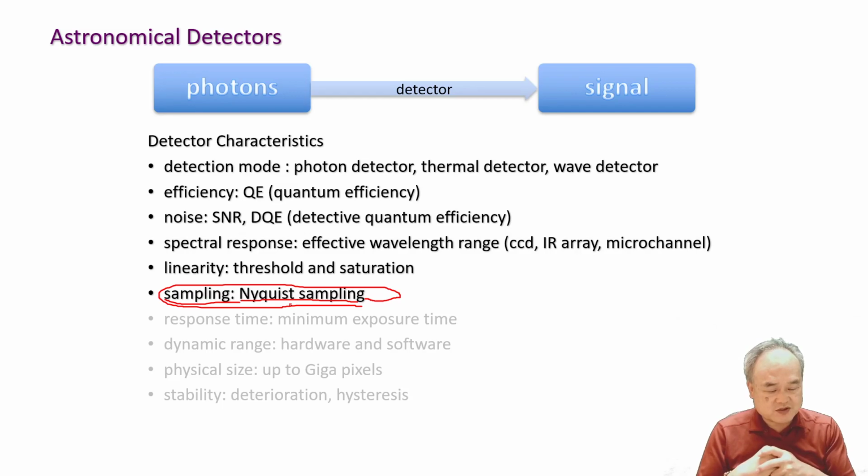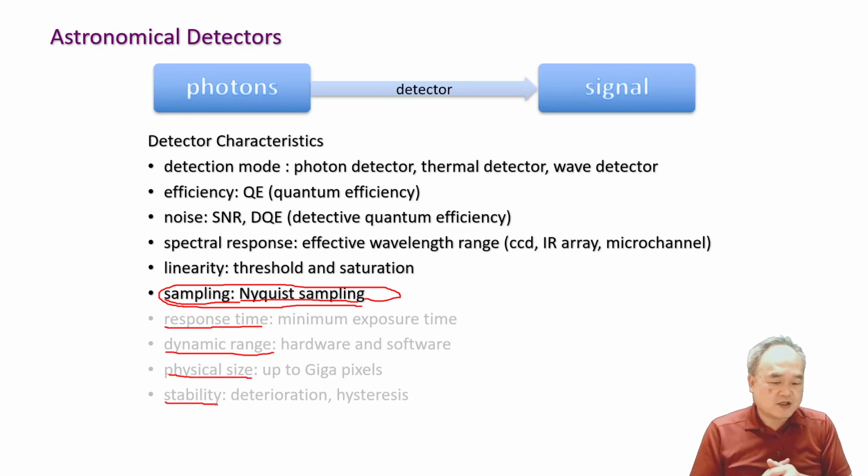The smaller the spatial scale, the instrument scientists need to design the detector in such a way that the detector pixels are at least half of the minimum desired spatial structure that observers want to observe. Then there are response time, dynamic range, physical size of the detector, the stability of detectors and whatnot. These are all important characteristics, but we will not be talking about these in the lecture.